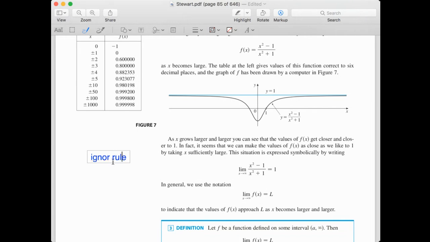Ignore rule. Okay, what does it mean ignore? Ignore the lower terms for numerator and denominator.